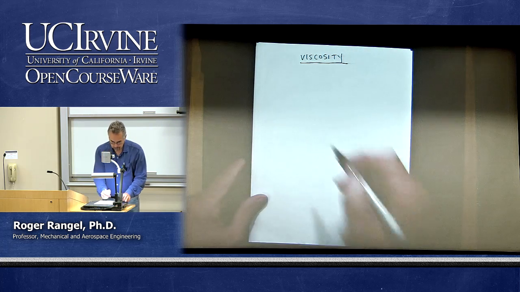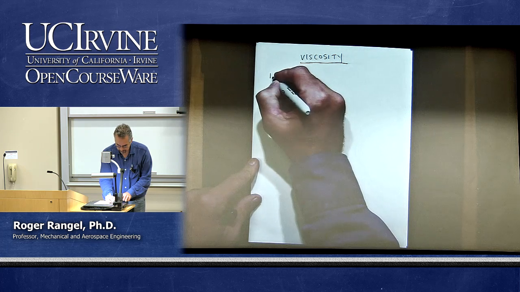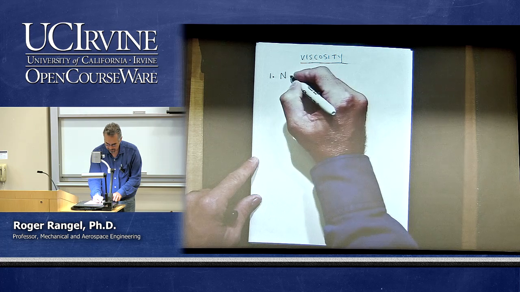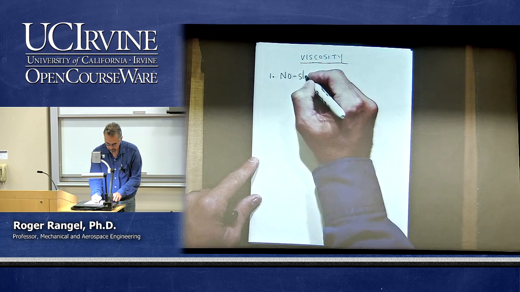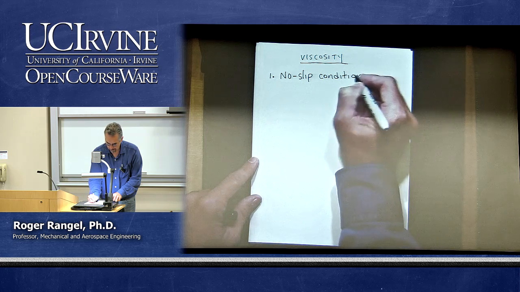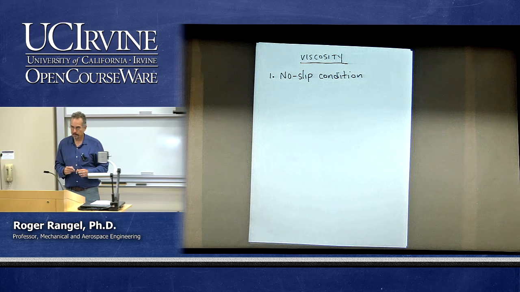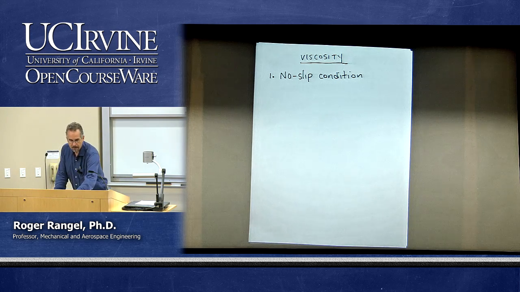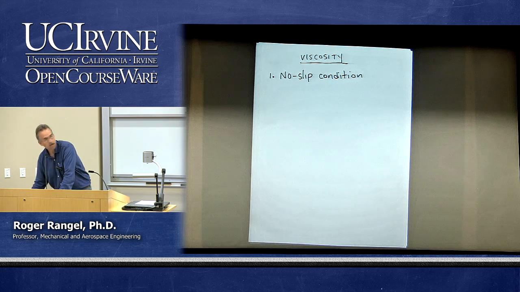And the first item is the notion of what is known as the no-slip condition. The no-slip condition, and I'll show you another video so you can see what it is. Let's go back to the computer. And let's go to the next video.